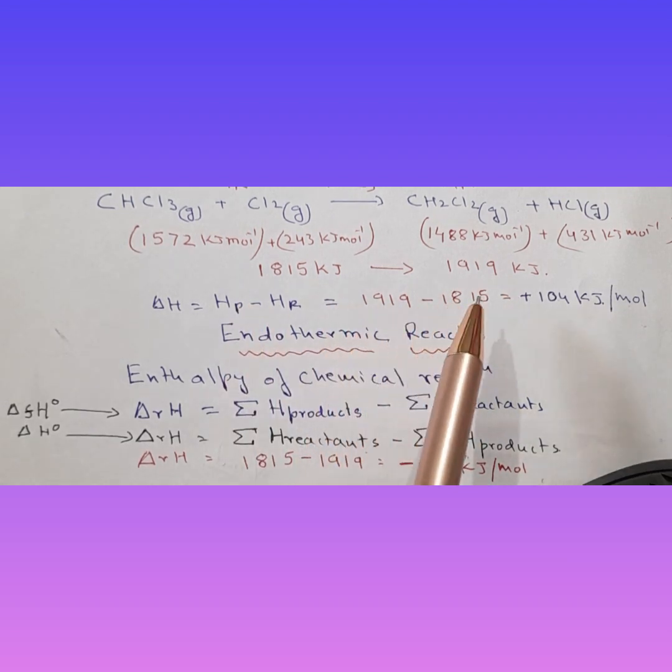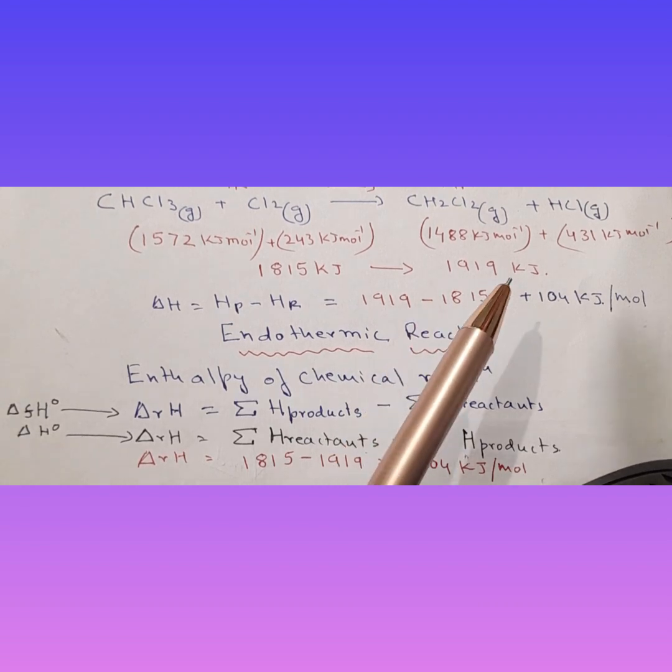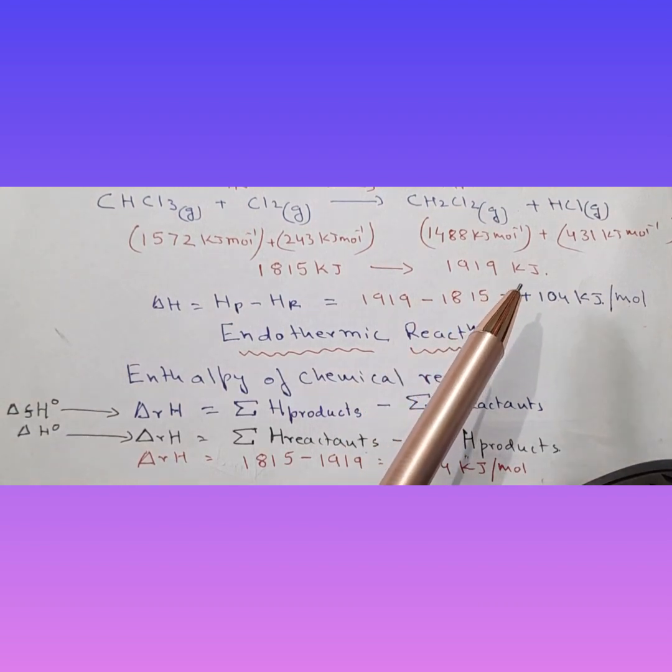So it becomes very crucial for us to understand what we have been provided with, delta F H0 or delta H0. Accordingly, we have to use the formulae. Now I would also like to introduce a term. Whenever the enthalpy of reaction is negative, we call it an exothermic reaction, and whenever it is positive, we call it an endothermic reaction.